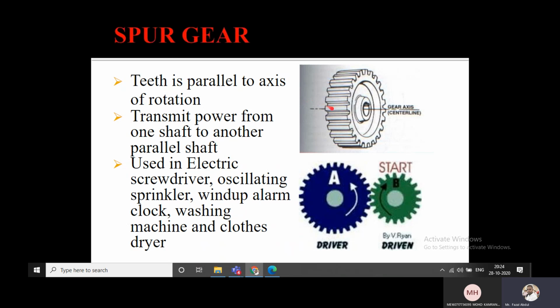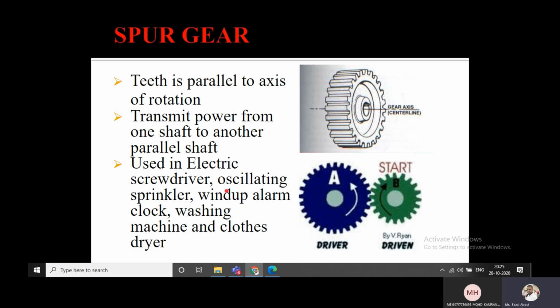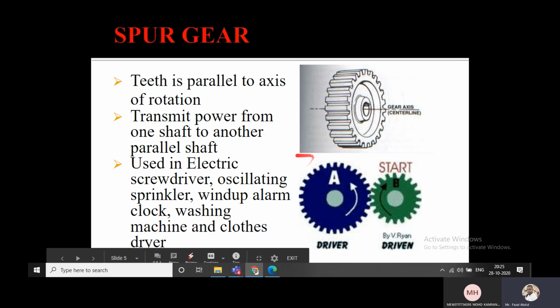Spur gear means the teeth of the gears are parallel to the axis of the gear. See, these are the teeth, all parallel to the axis of the gear. Such gears are known as spur gears. They transmit power from one shaft to another, and we can use them in electrical screwdrivers, oscillating sprinklers, and wind-up alarm clocks. In all these situations, we can use the spur gear. Okay.